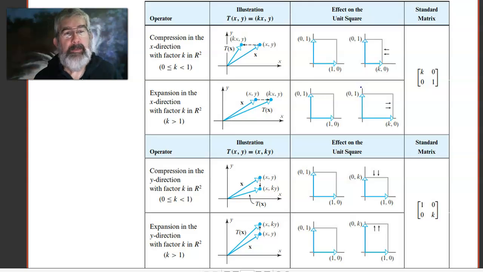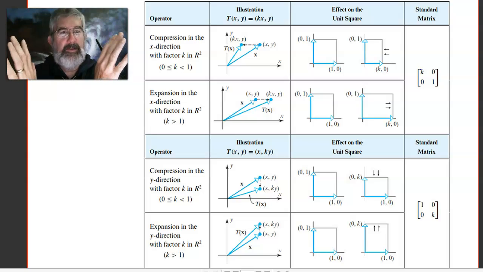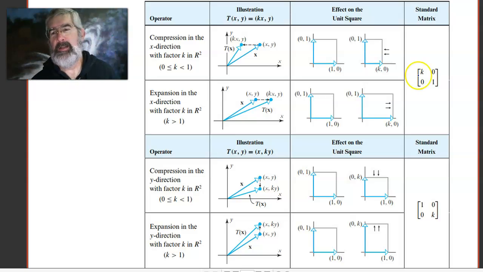Personally, I'm okay with k being negative. If k was negative 2, then this would be an expansion by a factor of 2 in the x direction, but then you reflect, right? So the negative sign just reflects it in the x direction.